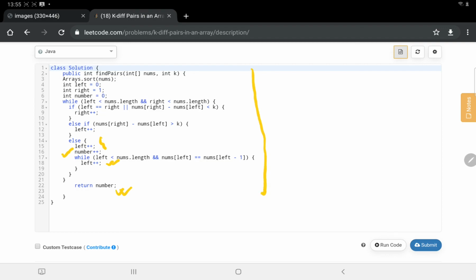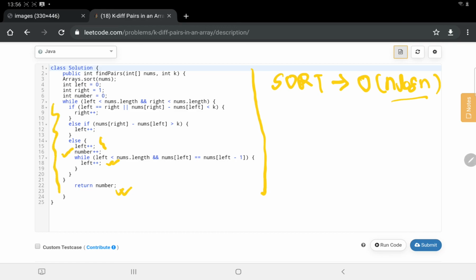So now let's analyze the time and space complexity here. For the sorting, what we are doing at first, we are doing sorting. For sorting, it will at least take order of n log n time. By default Arrays.sort uses merge sort, so again it will take order of n log n time in the worst case. What about this while loop?